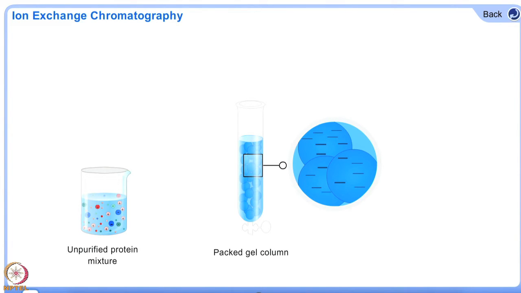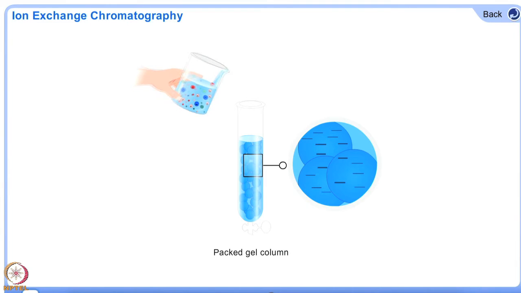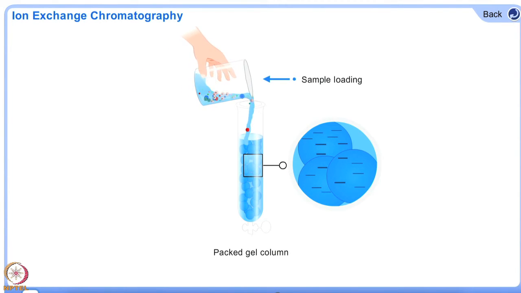Here we represent purification of positively charged molecules using a cation exchanger. The cation exchange column is then loaded with an impure protein mixture consisting of various positively and negatively charged proteins.